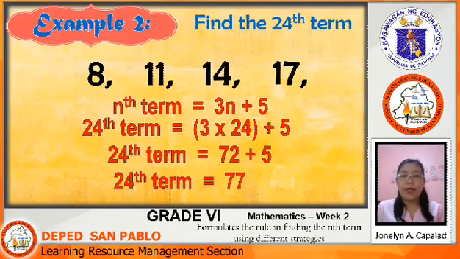Now, we can say that the 24th term of the sequence 8, 11, 14, 17 is 77, following the rule 3n plus 5. I hope you learned more in our lesson.